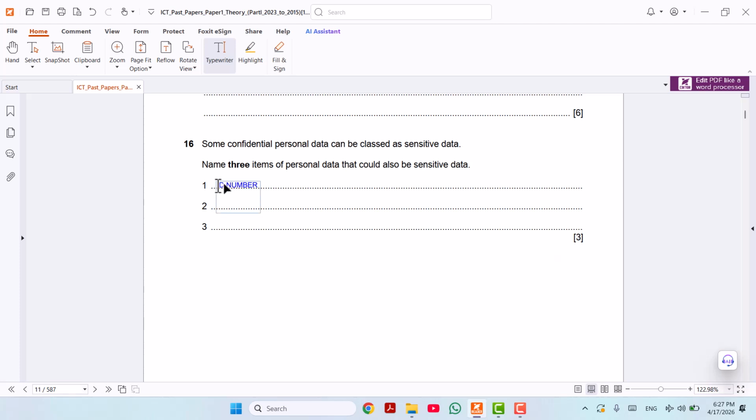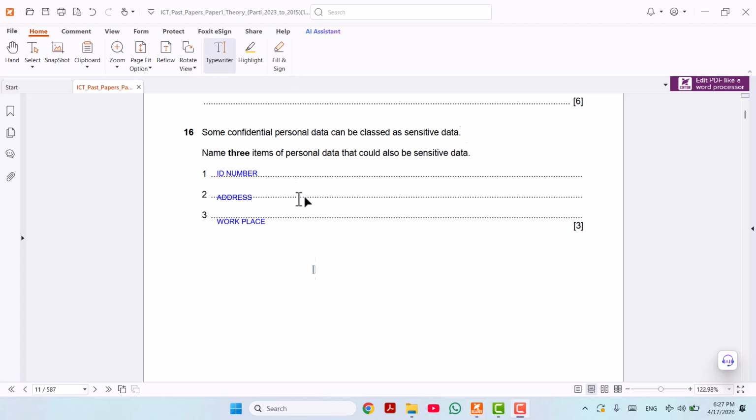Okay. Also our address. Also our birthplace. All of these are sensitive data for the person.